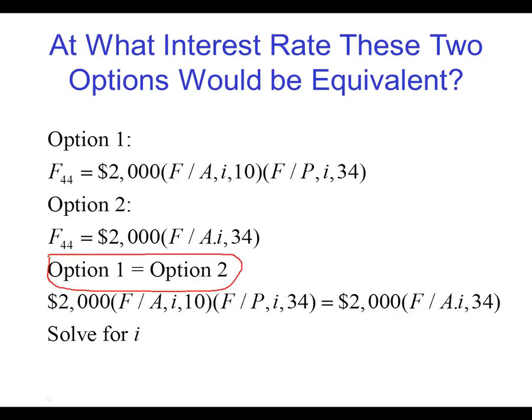And if I do that, then I have to make the two formulas equal. So I can put the two formulas like that and make them equal, then solve for I, and we can replace the factors with the mathematical formula, and solve for I.